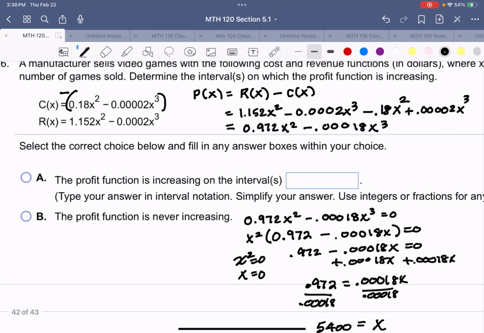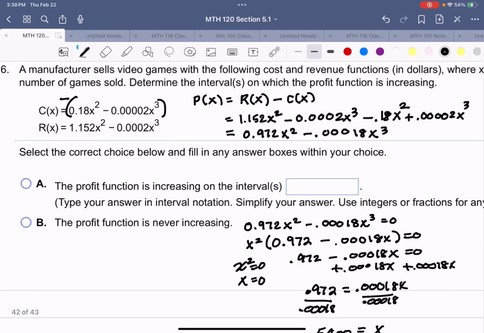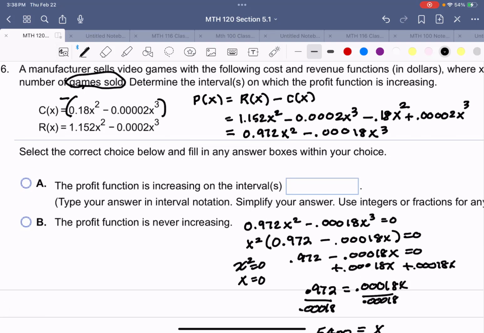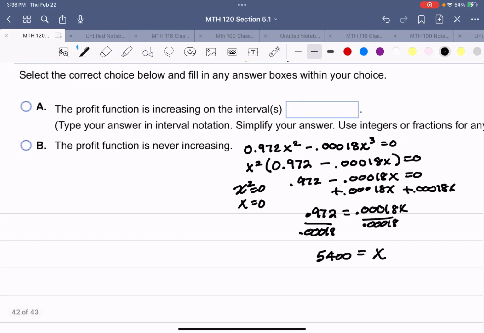Now remember again that we're talking about games sold. So we're talking about starting at 0, and games has to be a positive number, so we're going to the right, but we have a critical number at 5,400. So we have two regions.